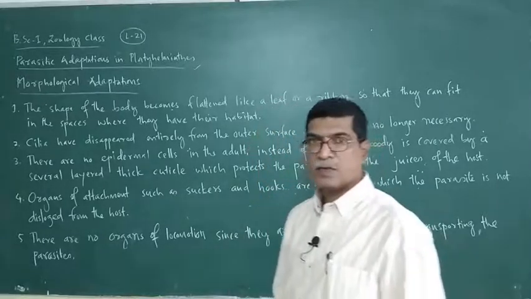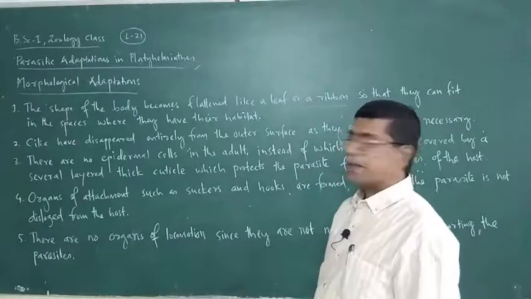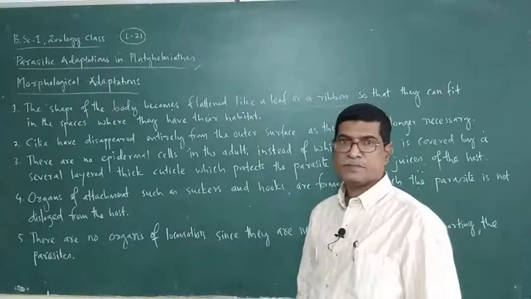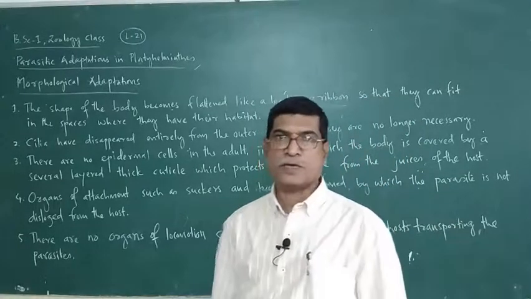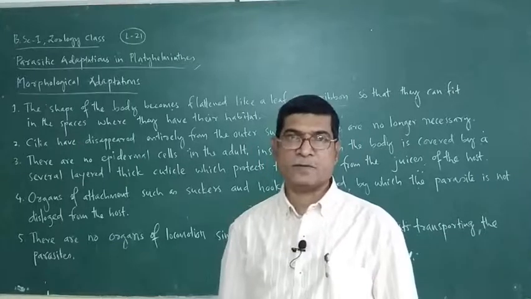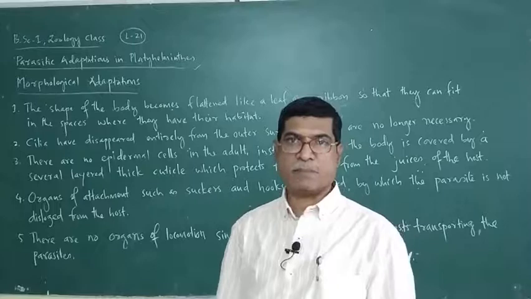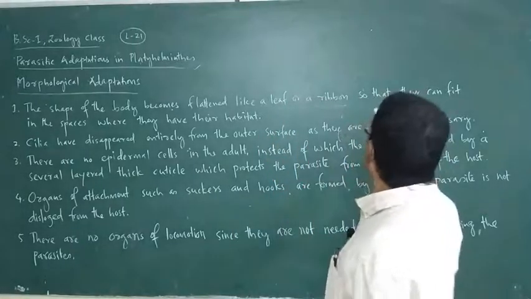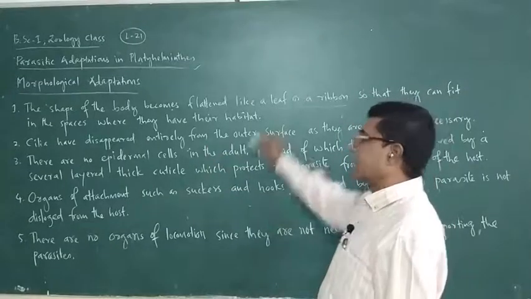Since they are dorsoventrally flattened, they appear like a leaf or a ribbon. The liver fluke looks like leaf, whereas the tapeworm appears like ribbon. So that they can fit in the spaces where they have their habitat.